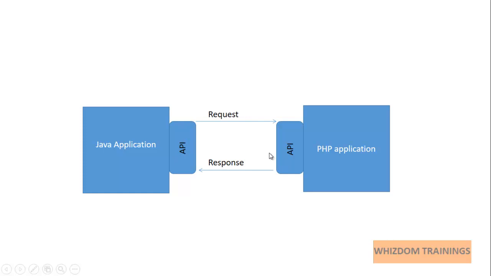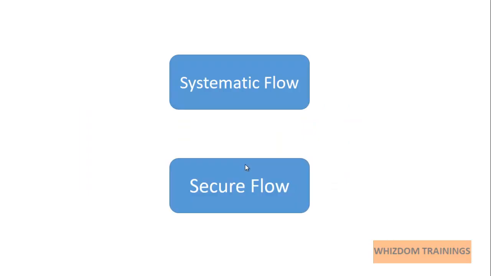So there should be symmetry. That means whatever language in which we are sending the request, the response should come in that. The APIs are working because they are maintaining a symmetry. That's why a systematic flow is a very important thing that a developer keeps in mind when designing an API. The next thing is the secure flow.